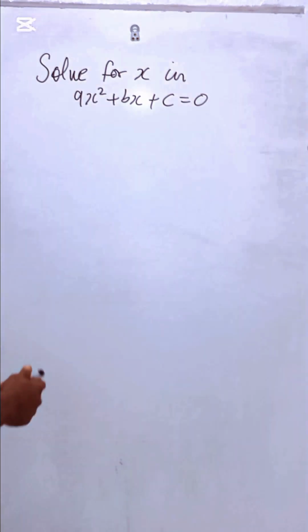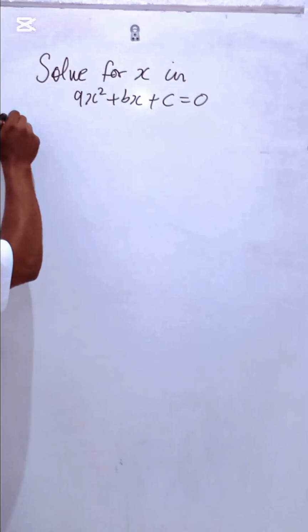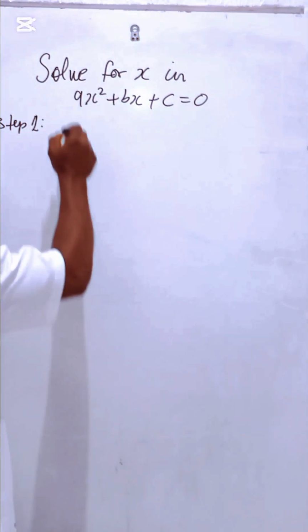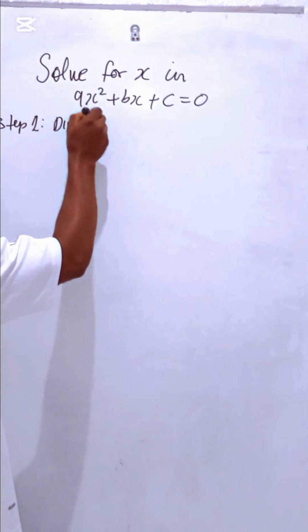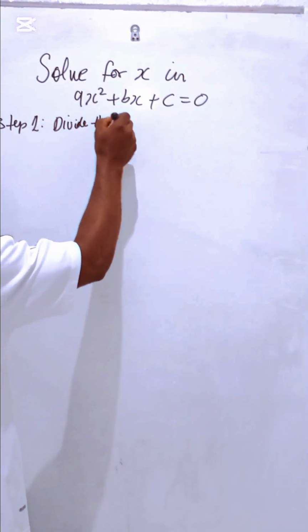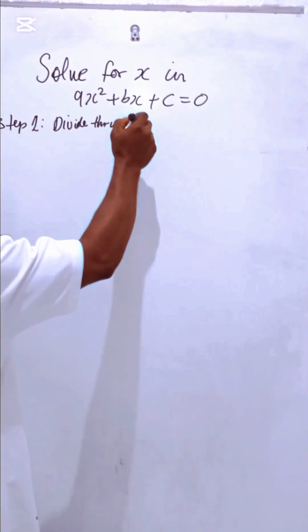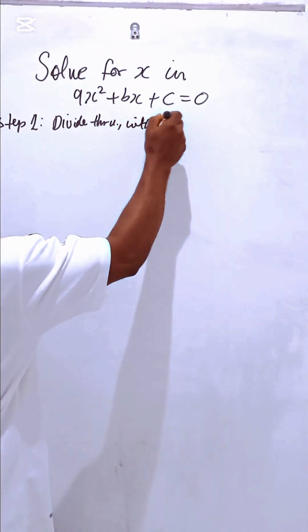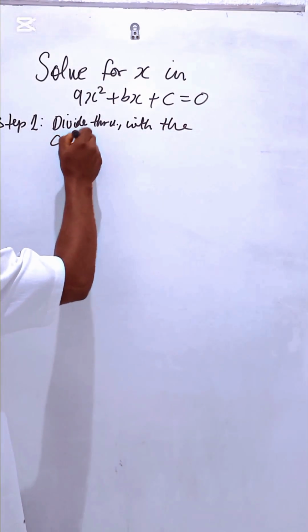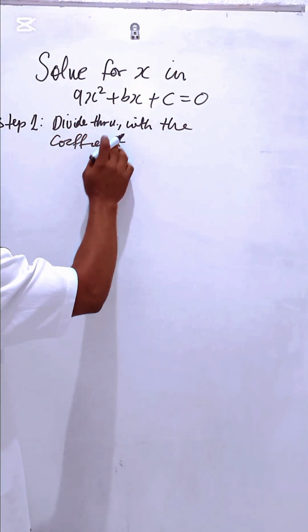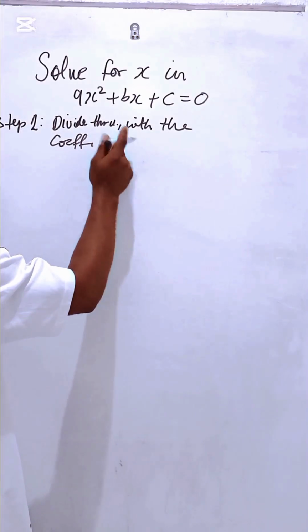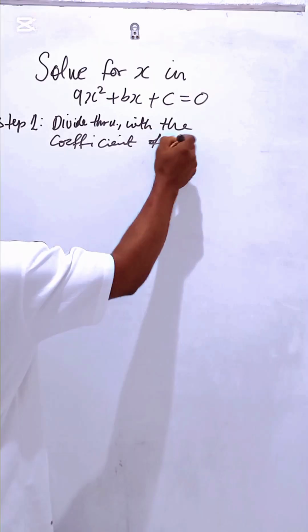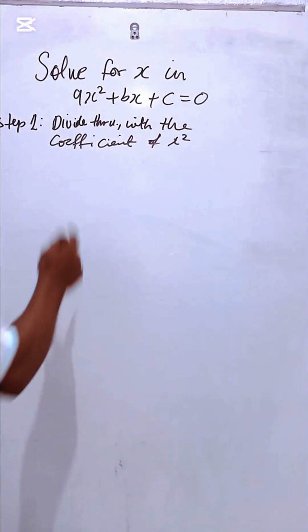The first thing we need to do here, step 1, is to divide through with the coefficient of x squared, and the coefficient of x squared is a.